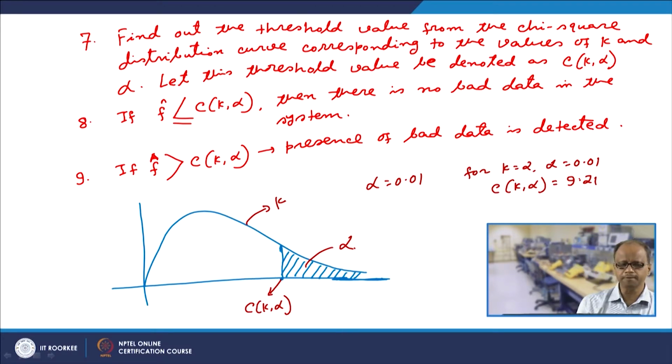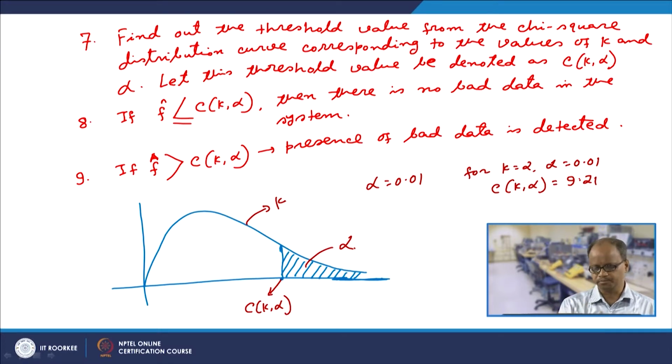It means that the calculated value of f hat has only a 1% chance of having a value of more than 9.21.